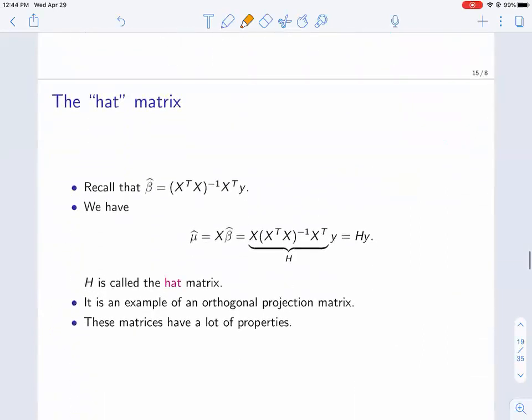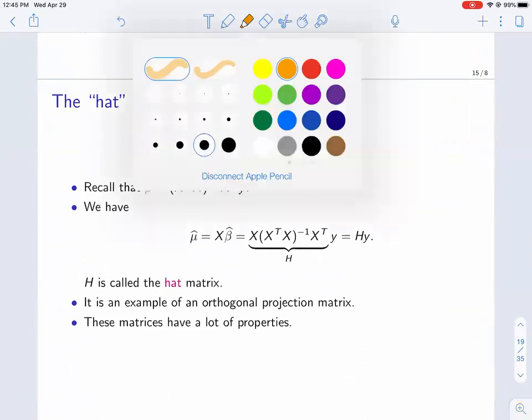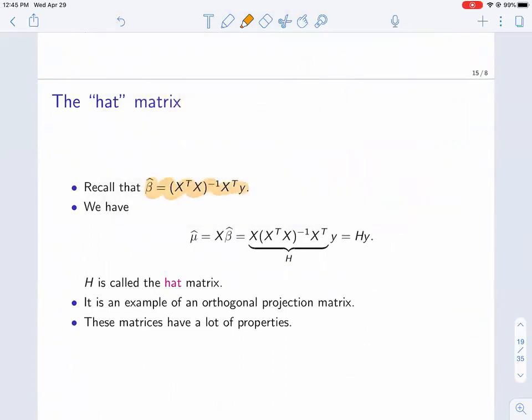So I'm going to introduce this matrix, which you have already seen in your homework problem. So recall that beta hat was this, so that's our estimate. And if I want to compute the vector of fitted values, mu hat, that would be X beta hat. So plug beta hat in here, and you end up with this expression.